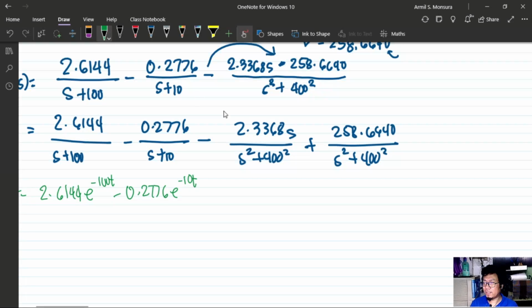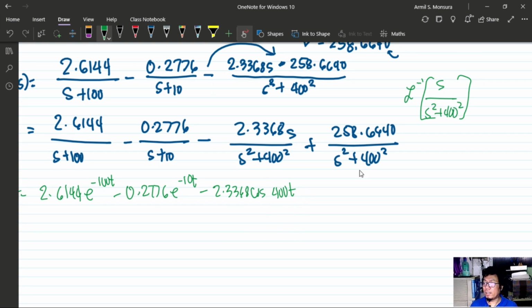This is simply we just take out the constant, which is 2.3368, and then the inverse of this is s over s. What remains is s over s square plus 400 square, which its inverse is essentially cosine of 400t.